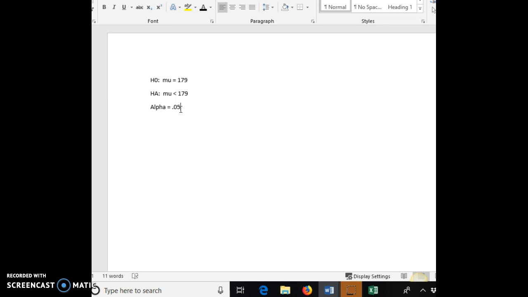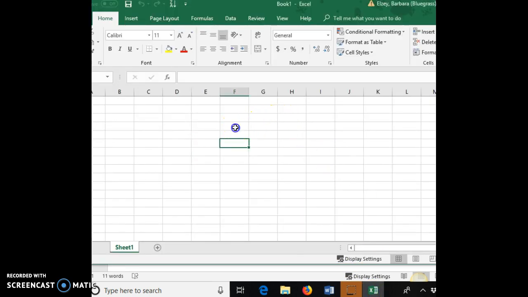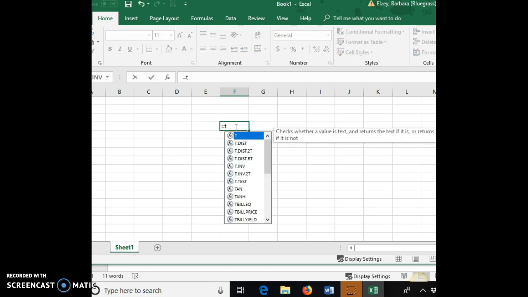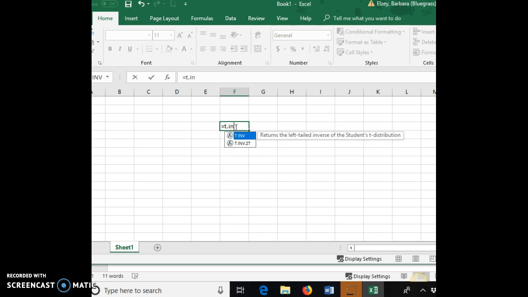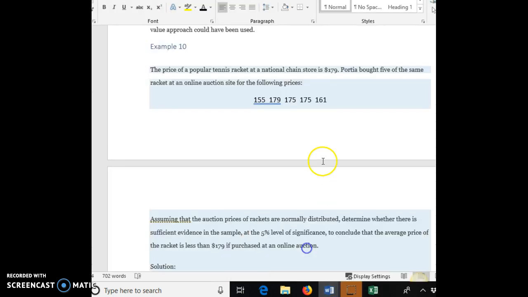And since this is a small sample, we're going to have to use the t distribution functions. Let's go ahead and look that up first. Our command is equal t.inv, and we're going to put in our probability of 0.05. In this case, there were 5 pieces of data here.